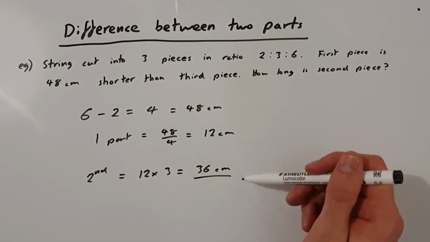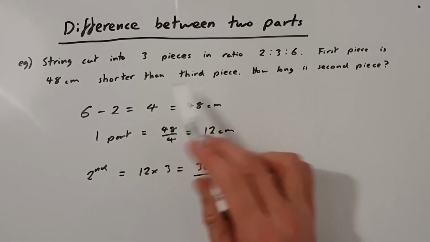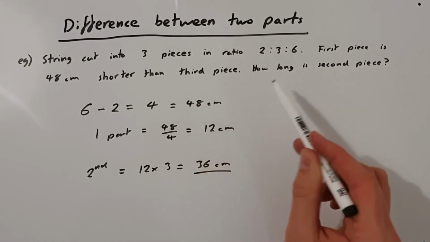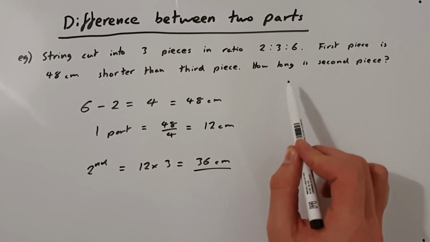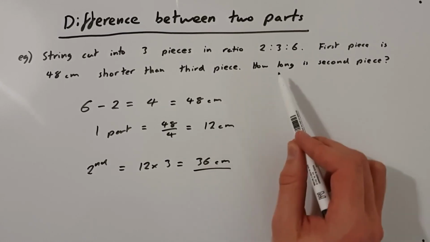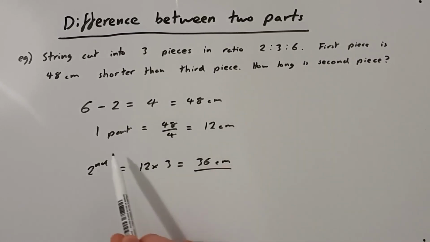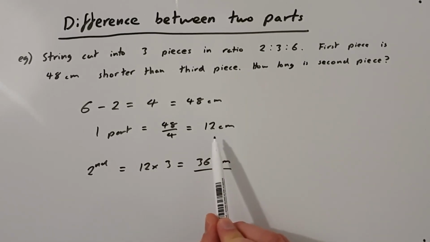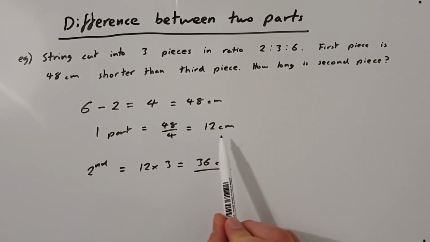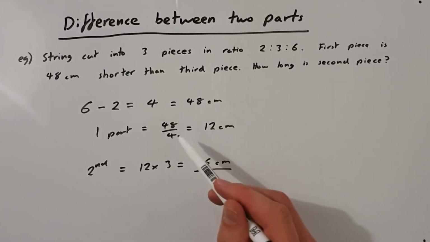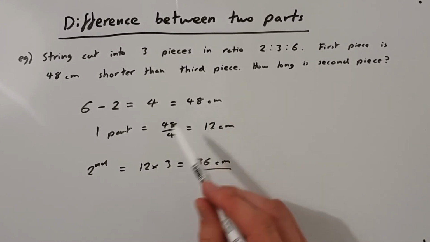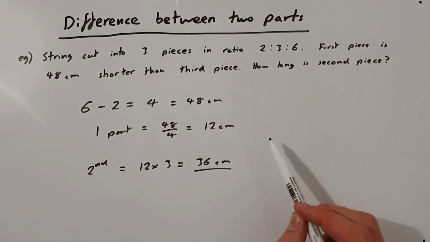And if we added those all up, we could then find the total length of the string at the start, and we could do anything we want with it, really. So I think the most important thing with these sort of questions with ratios is always working out how much one part is. As soon as you work out how much one part is, you can then times that up to give us the quantities of any part of the ratio.